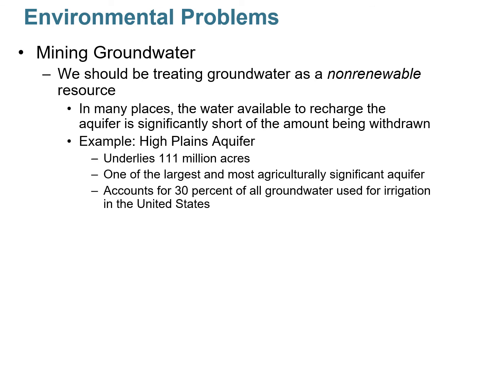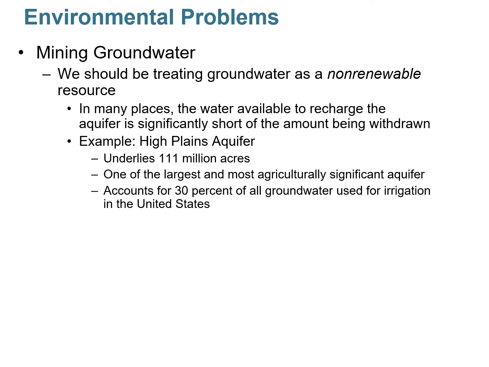So when we build wells, really you're kind of mining for groundwater, and there really isn't too much regulation on building wells and drawing out groundwater. In many places, it doesn't rain as much as Florida, so groundwater systems don't recharge as quickly.